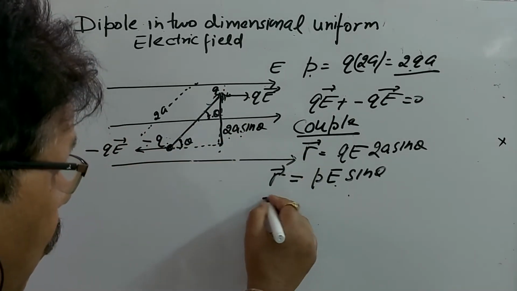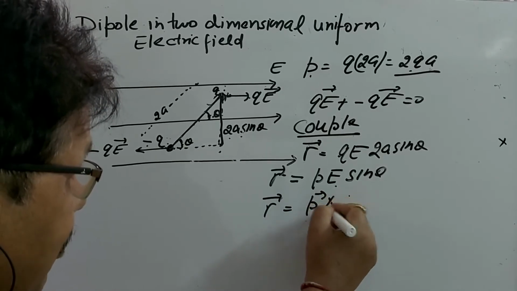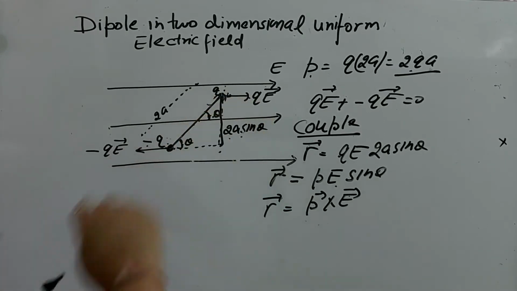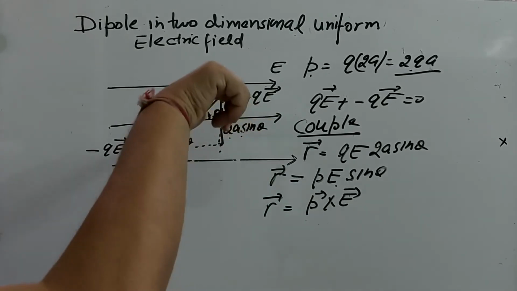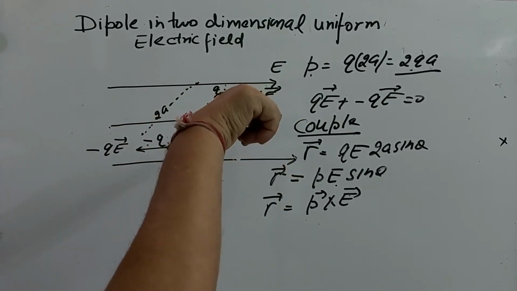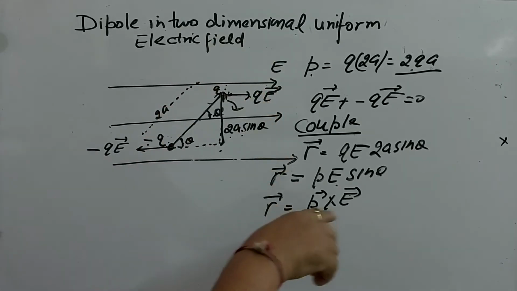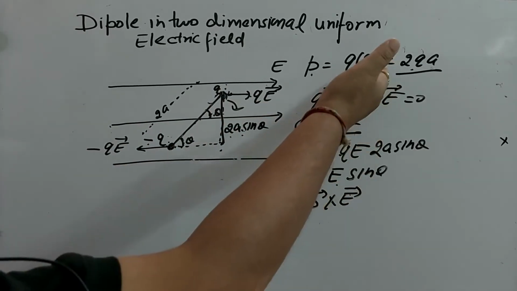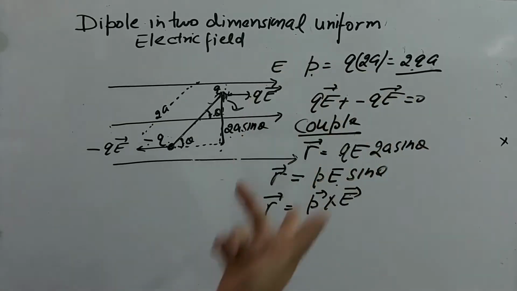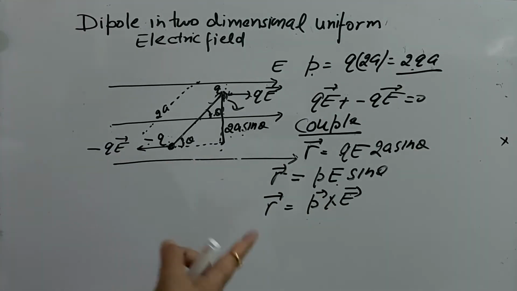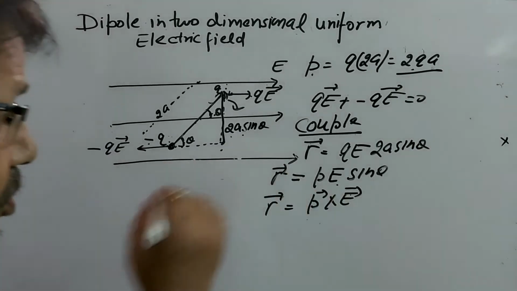And if we write this p cross E, this is p and this is E, so p cross E, using this right hand thumb rule, will be inward. The direction of p cross E is inward. It means the torque will try to rotate this clockwise, and we have already proved that this torque is going to rotate this in clockwise direction. Therefore this torque can be written as p cross E, not as E cross p. So this torque is equal to p cross E.